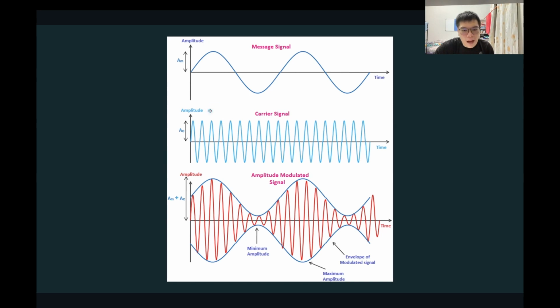Imagine the signal comes from the message signal and changes the amplitude of the carrier signal. As you can see, the amplitude of the carrier signal gets larger, but at the peak point it gets smaller again. This result shows the new waveform formed from the amplitude modulation signal.